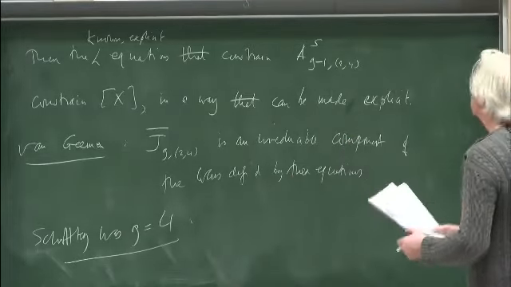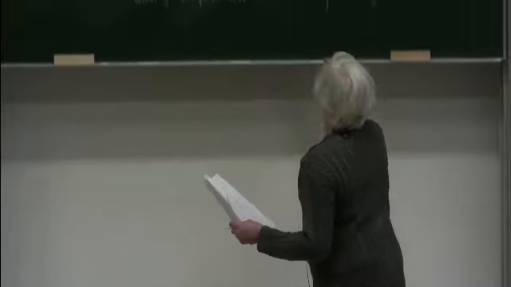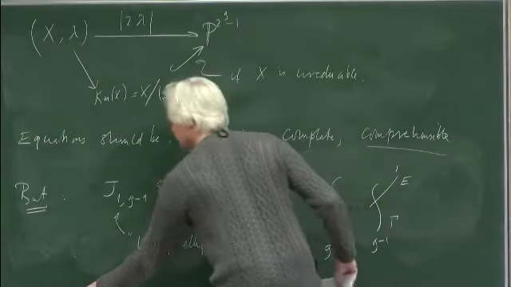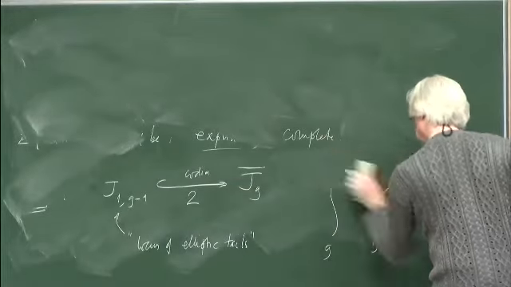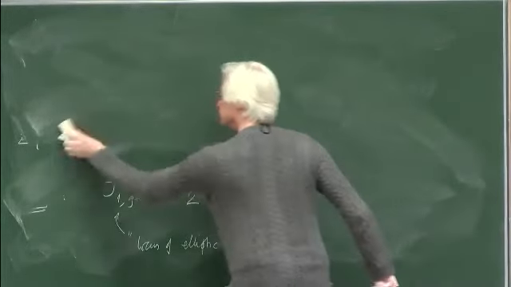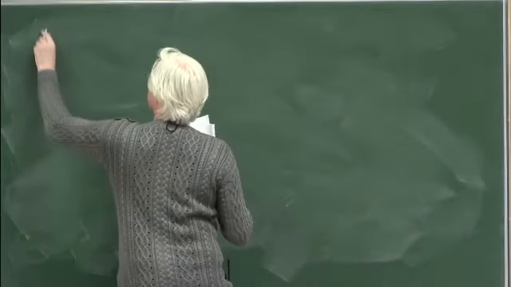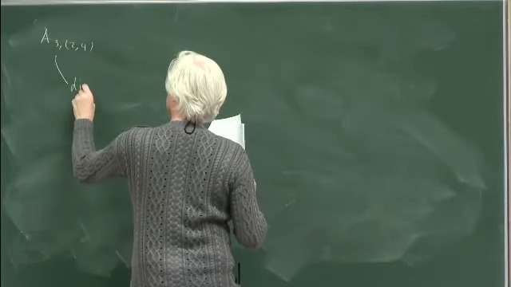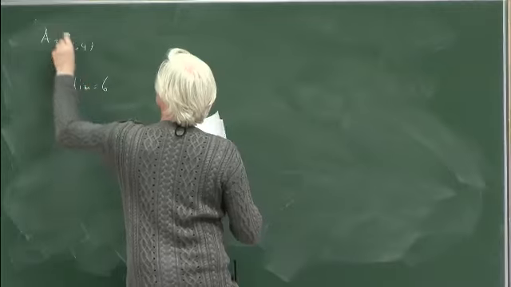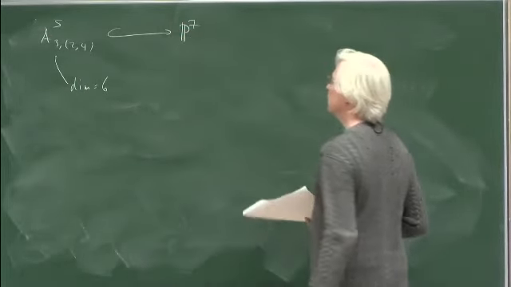Okay, so A3, the dimension here is 6. So the Schottky compactification lives inside P7, so it's a hypersurface.